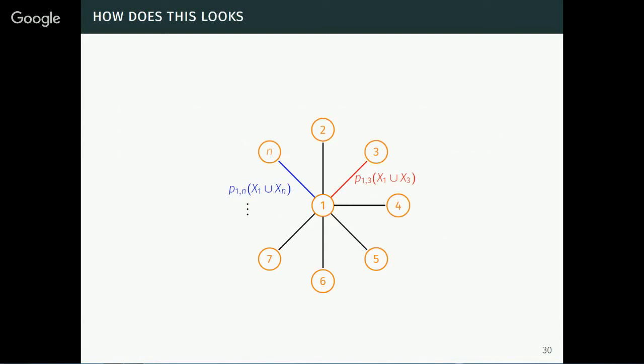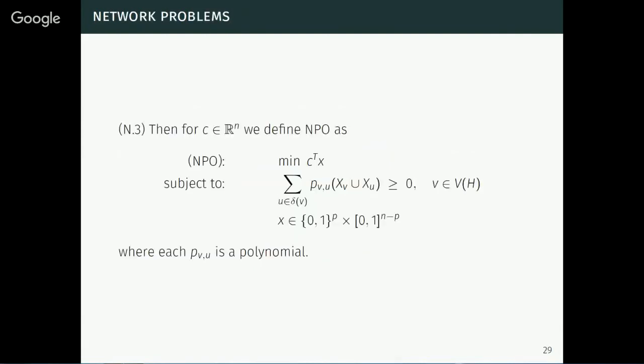And for each edge, I'll have a polynomial that will involve variables from here and from here. Exactly as in the AC-OPF problem, this was voltages everywhere. The power flowing through a line was given by a polynomial over only these two voltages, nothing else. And then you sum all of them, okay? So that's why I call it an NPO.